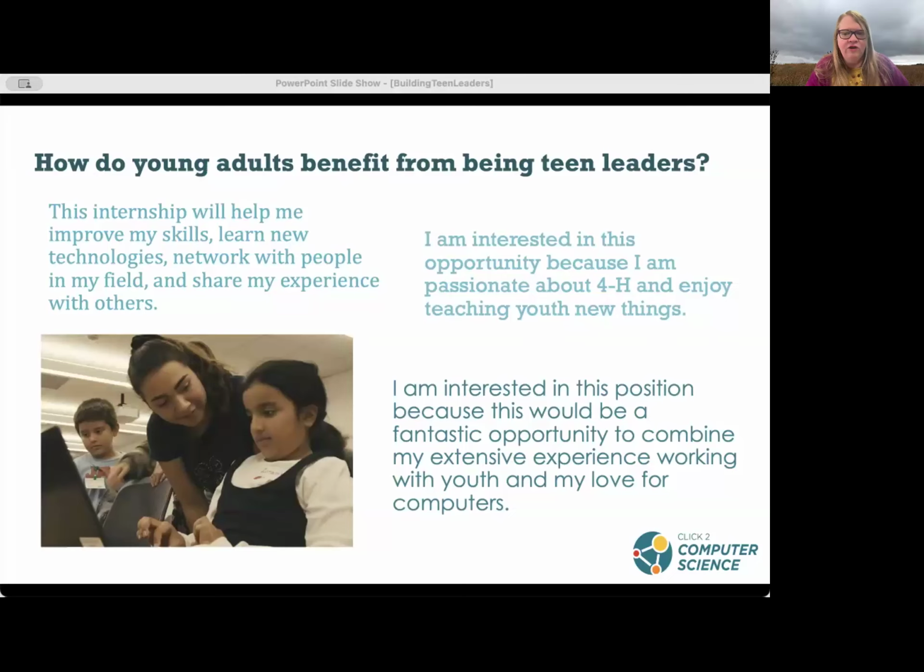They are excited about the opportunity to teach, or they're really interested in computers and excited about the opportunity to share that with others. In 4-H, we might call that their spark, that thing that interests and motivates them, and how they see that connecting to this experience.